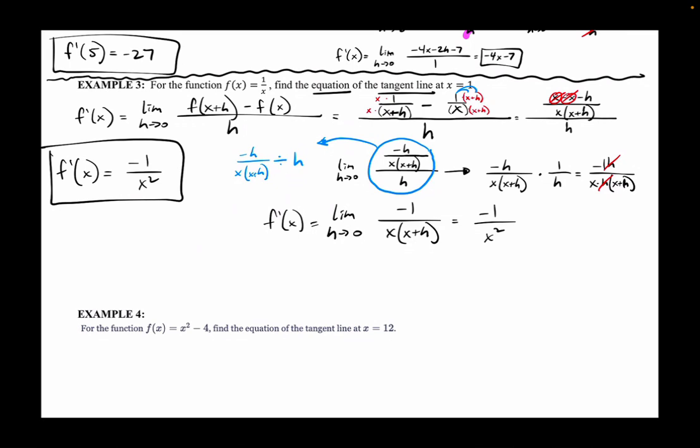So what am I going to do with 1? Plug in 1 to the derivative. So f prime of 1 is -1 over 1 squared, which is just -1. So the slope of the tangent line at 1 is -1.